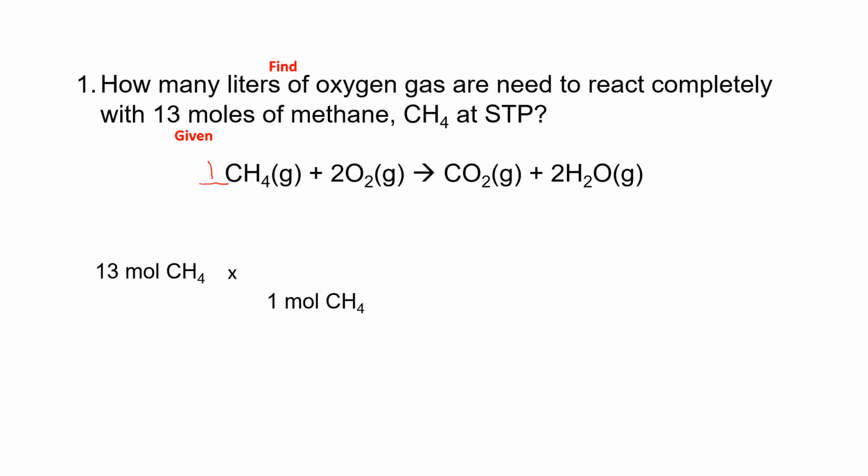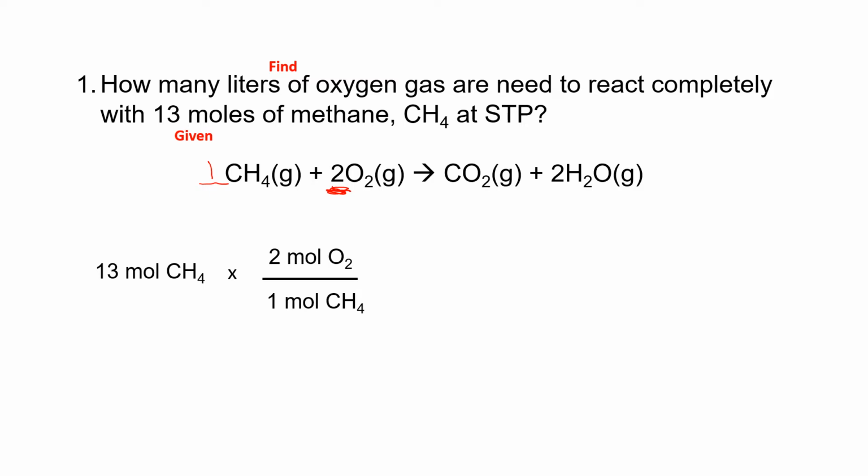And then we're going from methane to oxygen gas. That's our ultimate goal. And so we want to look at the coefficient for oxygen, which is right here. So it is going to be 2 moles of oxygen gas that goes in the numerator.